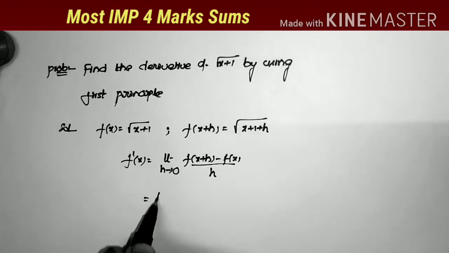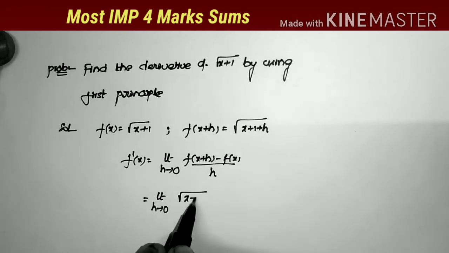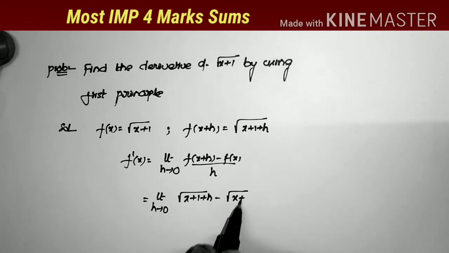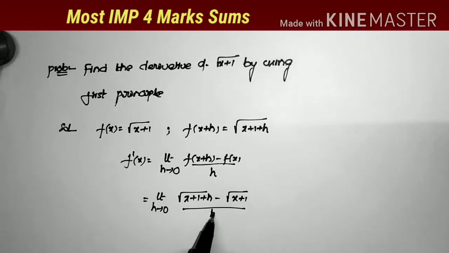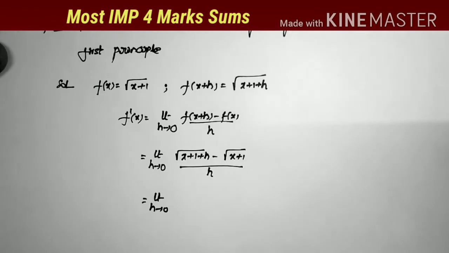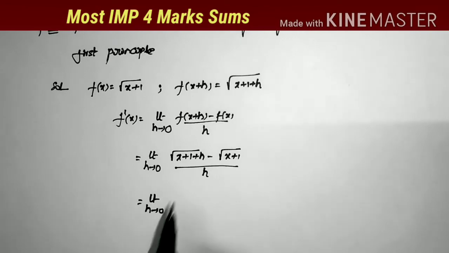And this is equals to limit h tends to 0. Now substituting the values, f of x plus h is equals to root x plus 1 plus h minus f of x is equal to root x plus 1, by h. Now substituting f of x plus h and f of x values.